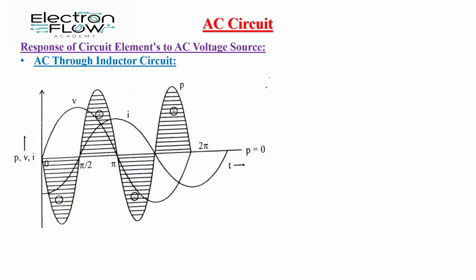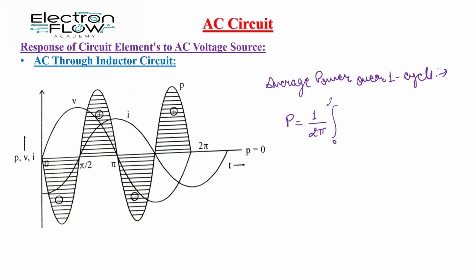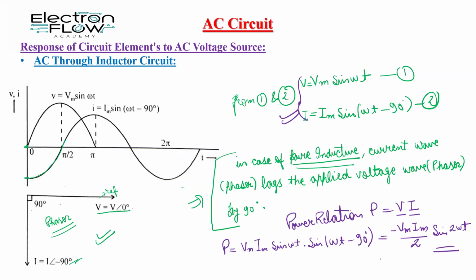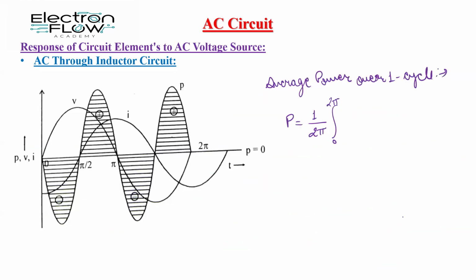Okay, so we have to calculate the average power over one cycle. Let's see. We know the average power formula is area divided by time period. For one cycle of time period, we take 2 pi and integrate from 0 to 2 pi the expression of p.